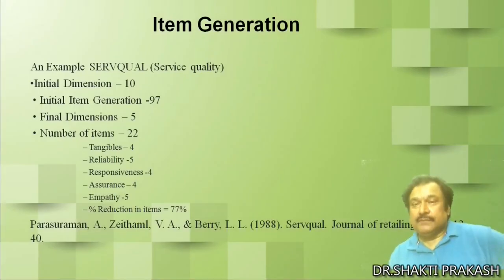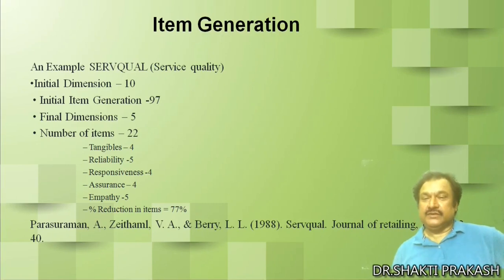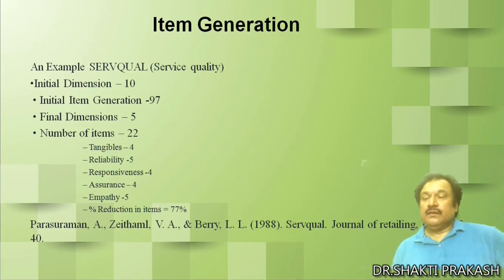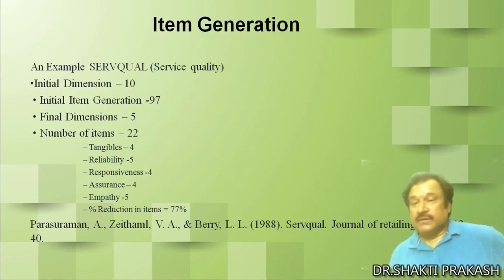This is another example given by Parasuraman and Zeithaml in 1988, service quality based, how service sectors can be assessed using such theories and such an instrument. Here we have used initial dimensions 10, initial item generation 97, final dimensions 5, number of items 22.